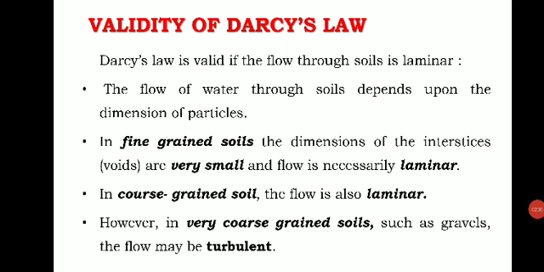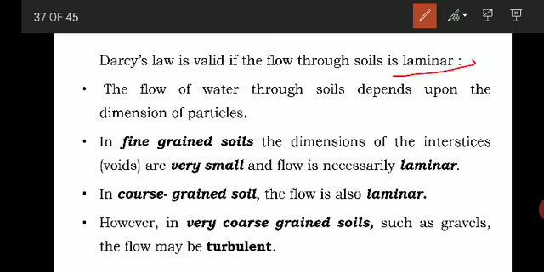Darcy's law is valid if the flow through the soil is laminar. The flow of water through the soil depends upon the dimension of the particles. That is very important.